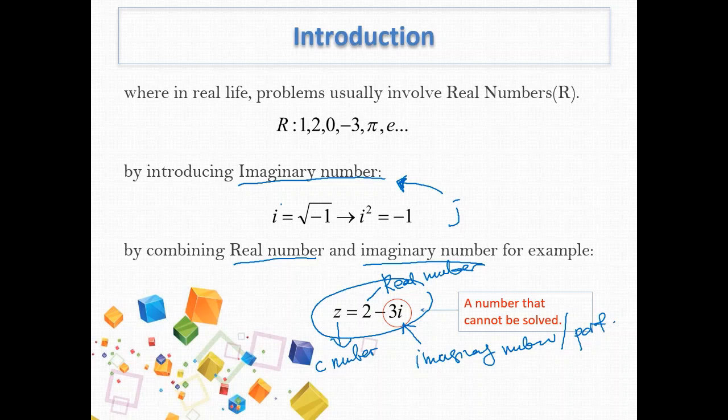So a complex number, which we denote as z, must consist of a real part plus an imaginary part.